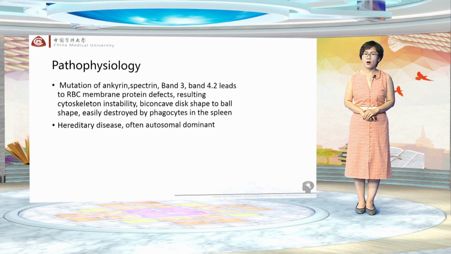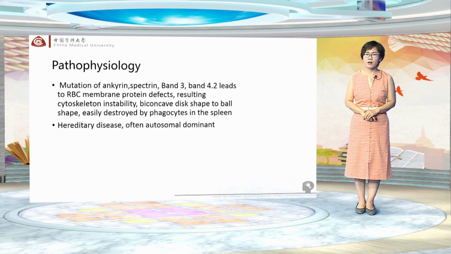Mutation of these proteins results in reduced vertical association between the cytoskeleton and membrane, which in turn leads to microvesiculation and progressive membrane loss that reduce the ratio of red blood cell surface area to volume, creating spherical cells.